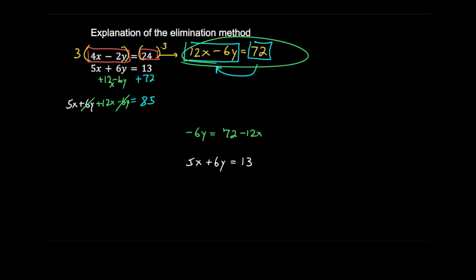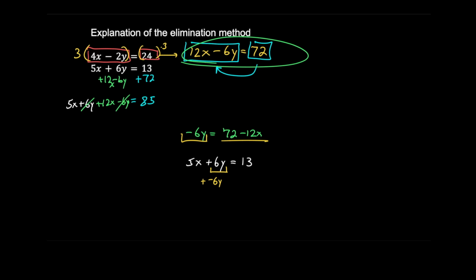And since I want the 6y's to cancel out, I want to make sure that I add the 6y's in a way that they will cancel out. So since they are different signs, I will add them to the same side, so plus negative 6y. On the other side, though, I will use the other expression because I don't want to add the negative 6y to both sides, because that won't get rid of the y.